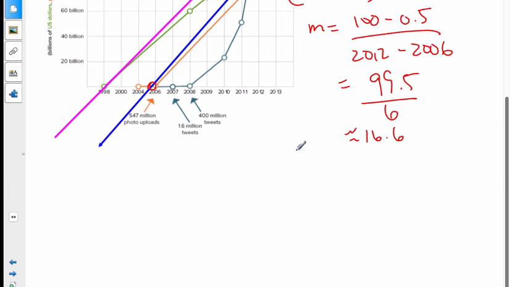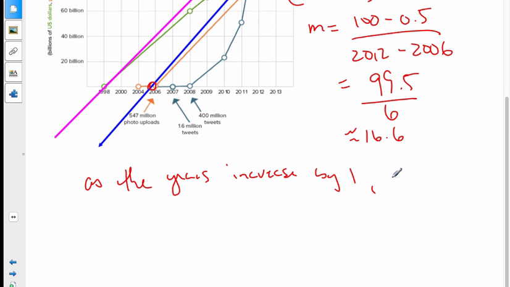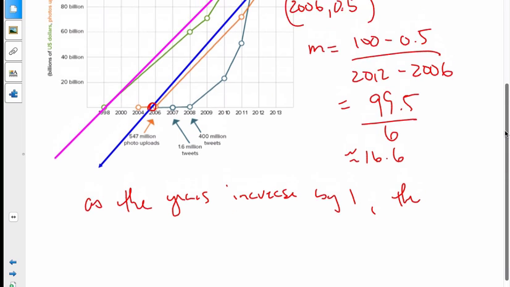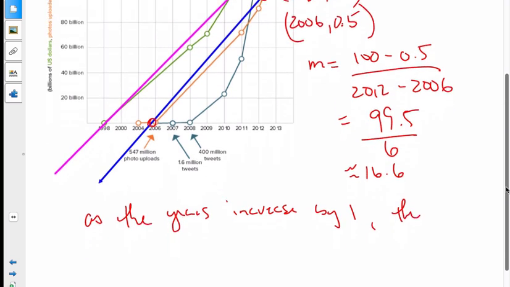Now, again, I'm going to start with the independent variable, and the independent variable is year. So as the years increase by 1, the Facebook is talking about photos. Yeah, photos uploaded.